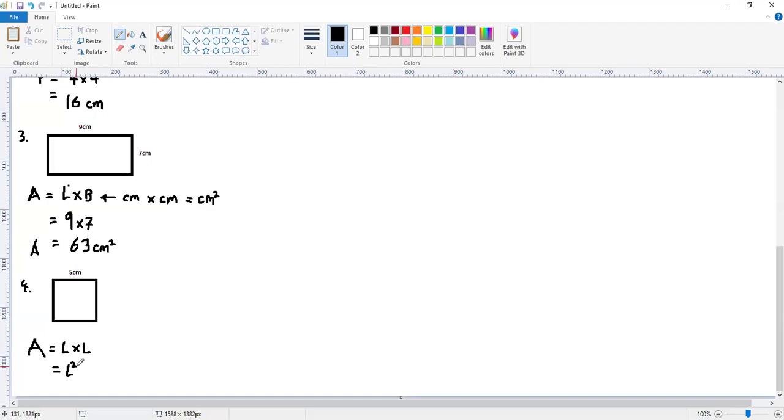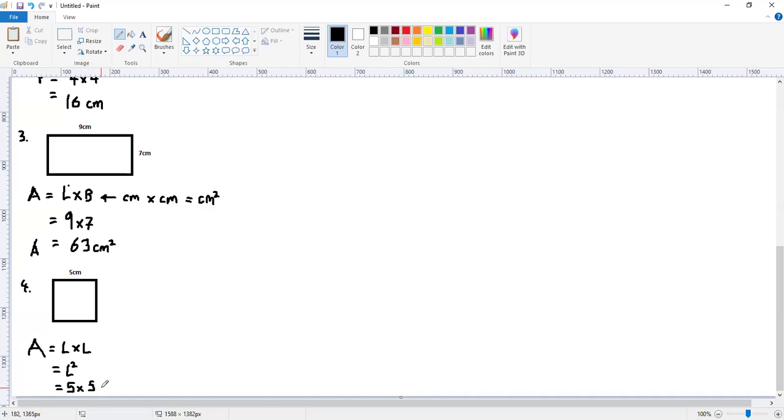So I'm sure you can equally tell too that the unit for the area of a square is definitely going to be squared because cm times cm is cm squared. So in this particular question, the L is 5. So by the time I say 5 times 5, what would that give me? 5 times 5 will give me what? 25.